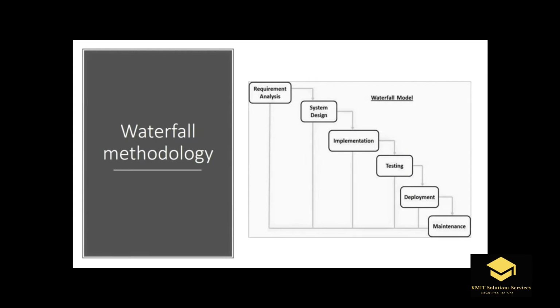So if you see in the diagram, there is a requirement analysis where we get the requirement from the customer, then system design, implementation, testing, deployment, maintenance. The main drawback of this model was that once the application is in the testing stage, it is difficult to go back and change something that was not well thought out in the requirement.